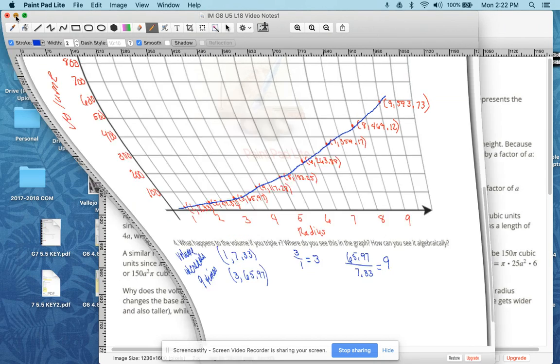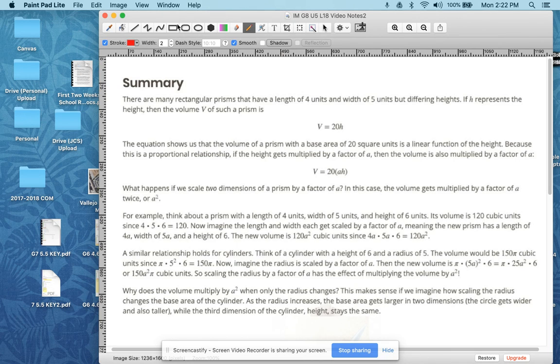So let's move on to, we're at our summary already. So basically we're summing up the lesson to say that if we scale 2 dimensions of a prism by a factor of A, so that's like we multiply it by 2, then the volume, because we're doing 2 dimensions, is going to be increased by A squared.